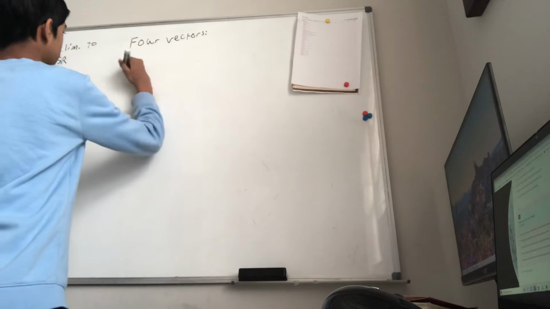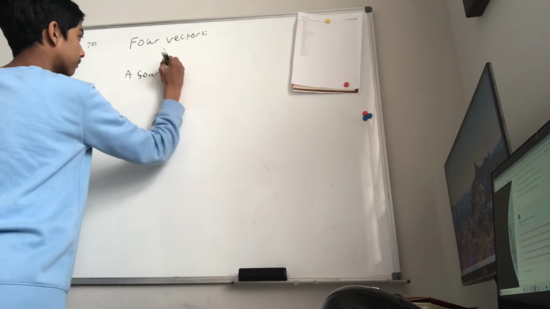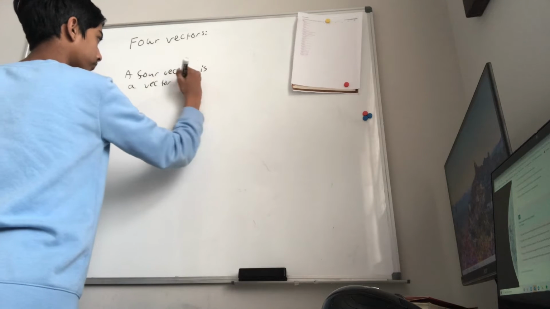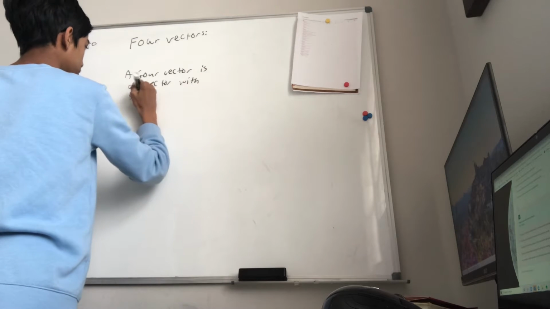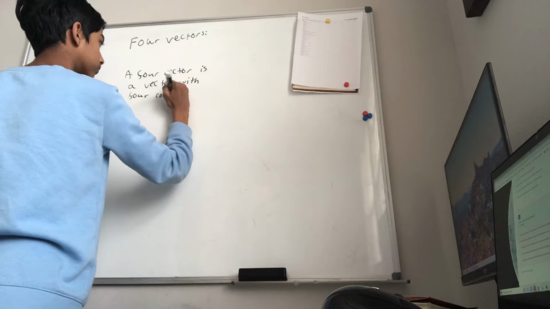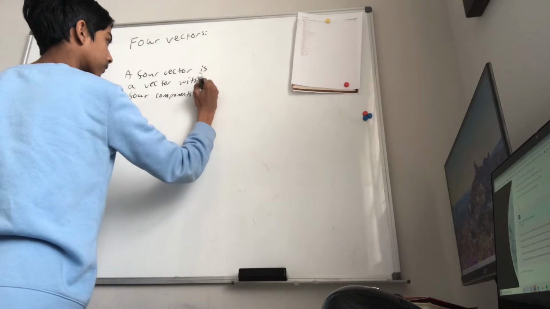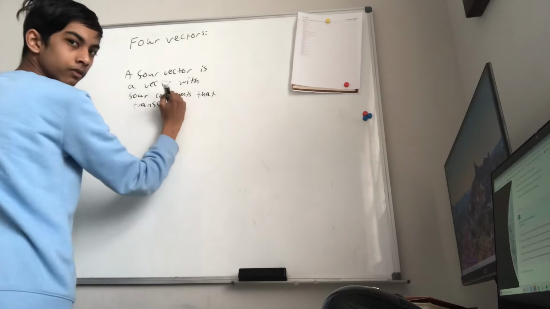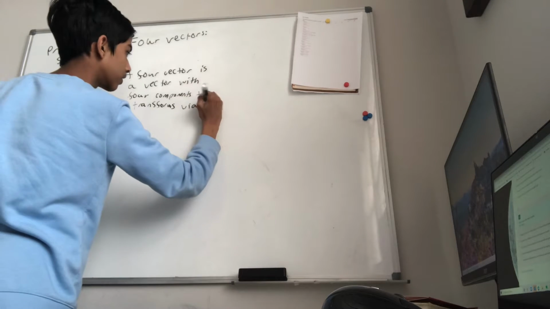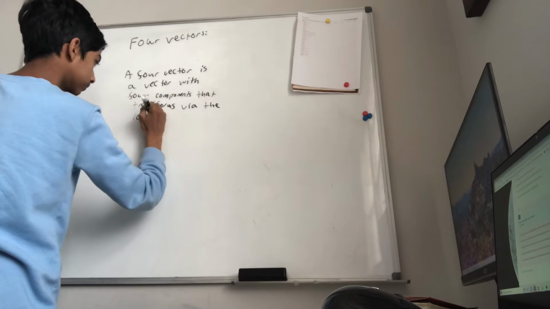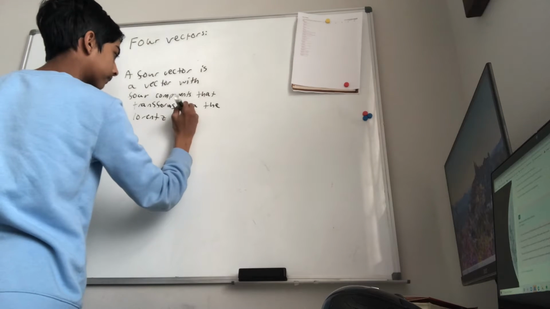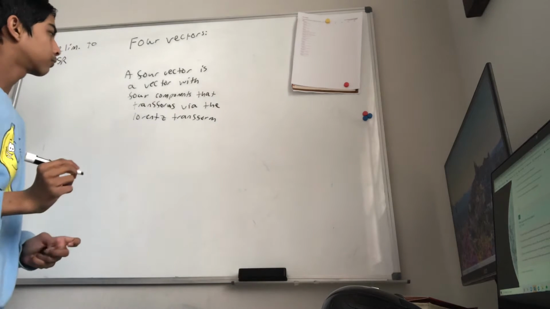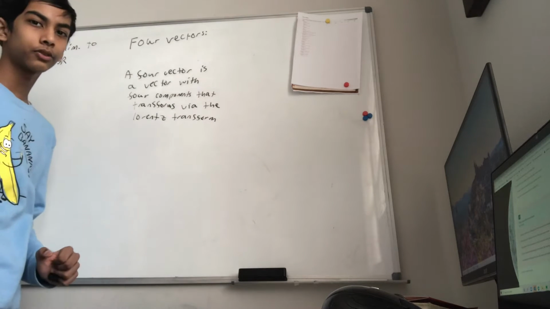Well, a 4 vector is a vector with 4 components that transforms via the Lorentz transform. So a 4 vector is a vector with 4 components that transforms under the Lorentz transform.